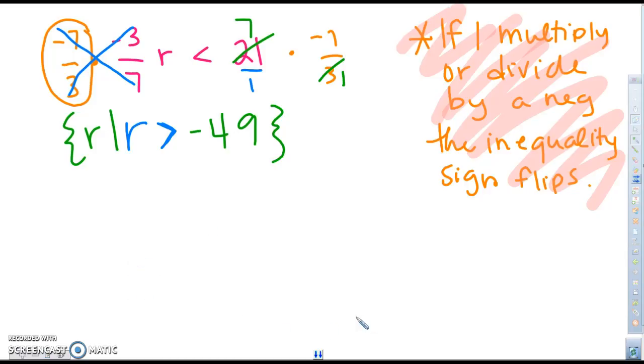Okay, let me give you one of these to try by yourself. Go ahead and try that by yourself. Remember to write it with the fancy brackets or fancy parentheses, whatever we're deciding to call them today. So go ahead and solve that.